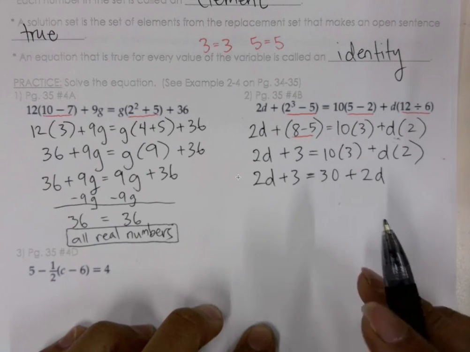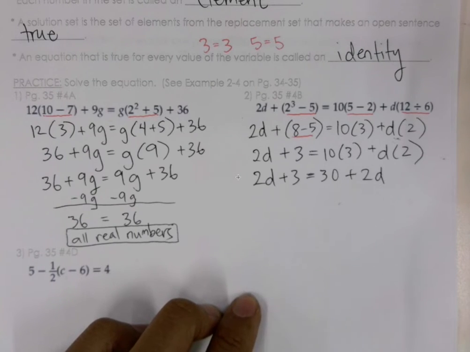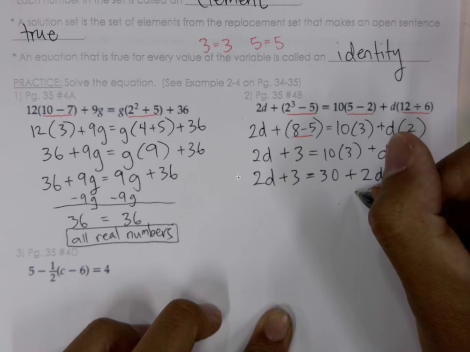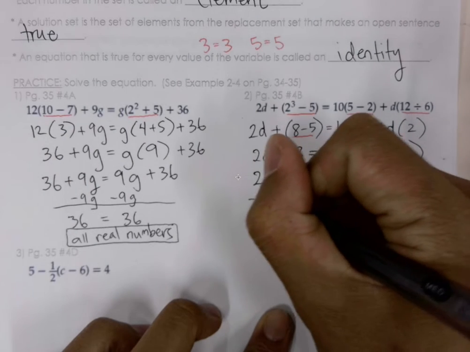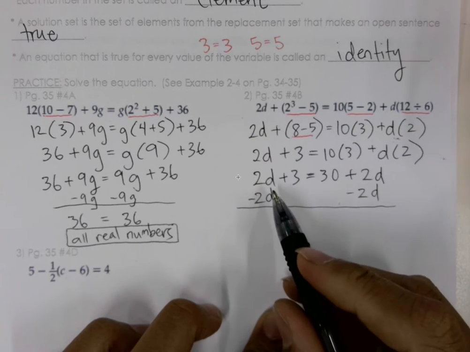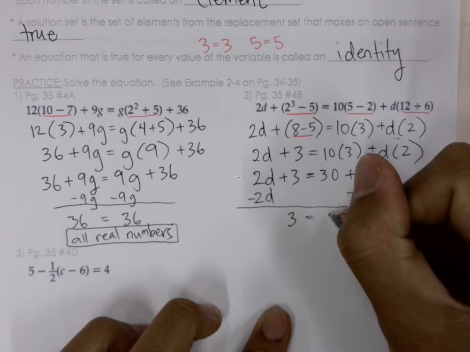So now we need to get the term with the variable on one side of the equal sign, get it alone, isolate it, and the constants on the other side of the equal sign. So I'm going to start by subtracting 2d from both sides of the equal sign. When I do that, I get 0 on this side, leaving 3 = 30.